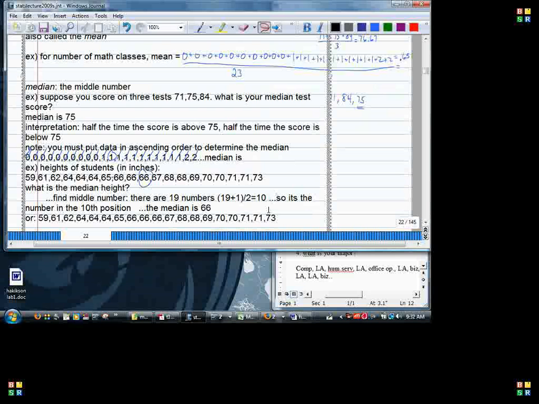It's hard to explain clearly why there's a plus 1, but hopefully you see that we figured it out just by counting that we're supposed to get the number in the 10th position. So you can see that using plus 1 works.